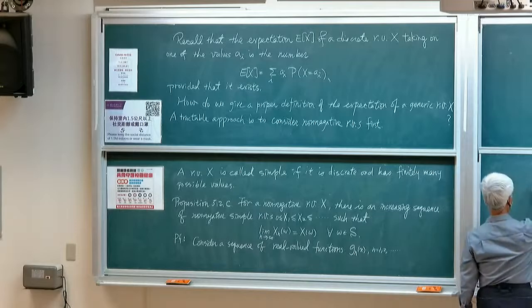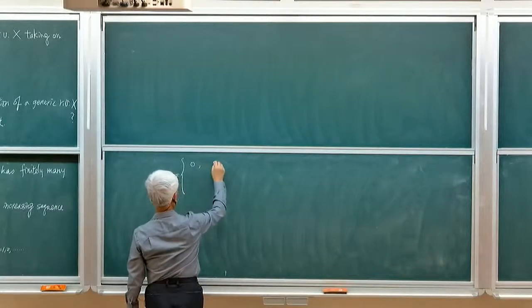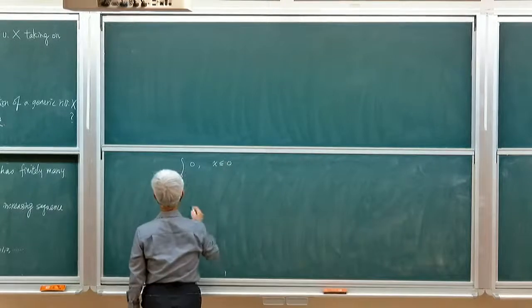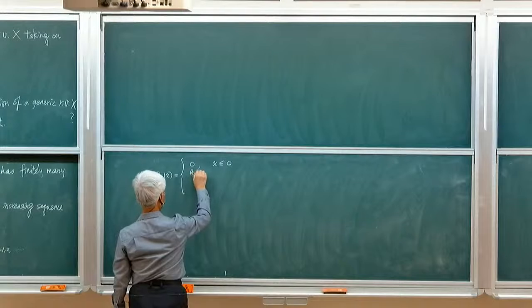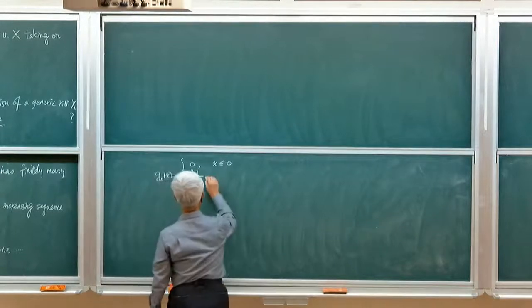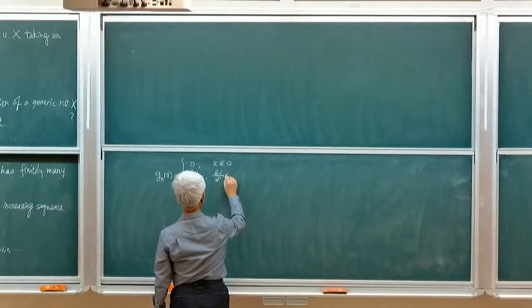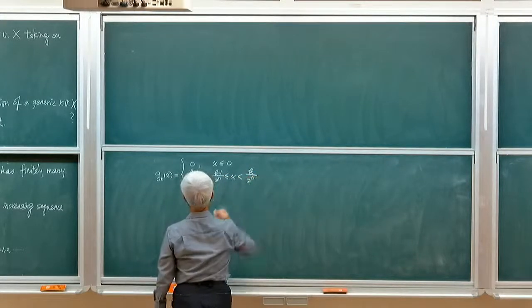g_n will be 0 if x is less than or equal to 0. And it's (k minus 1) over 2 to the nth power, if the value falls in the kth bin.